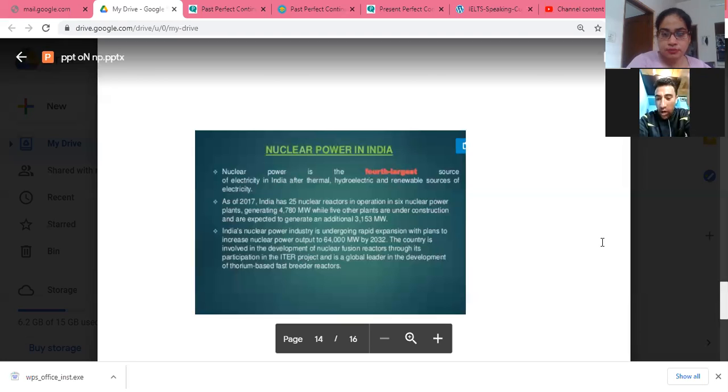The country is involved in the development of nuclear fusion reactors through its participation in the ITER, International Thermonuclear Experimental Reactor project, and is a global leader in the development of thorium-based fast breeder reactors.